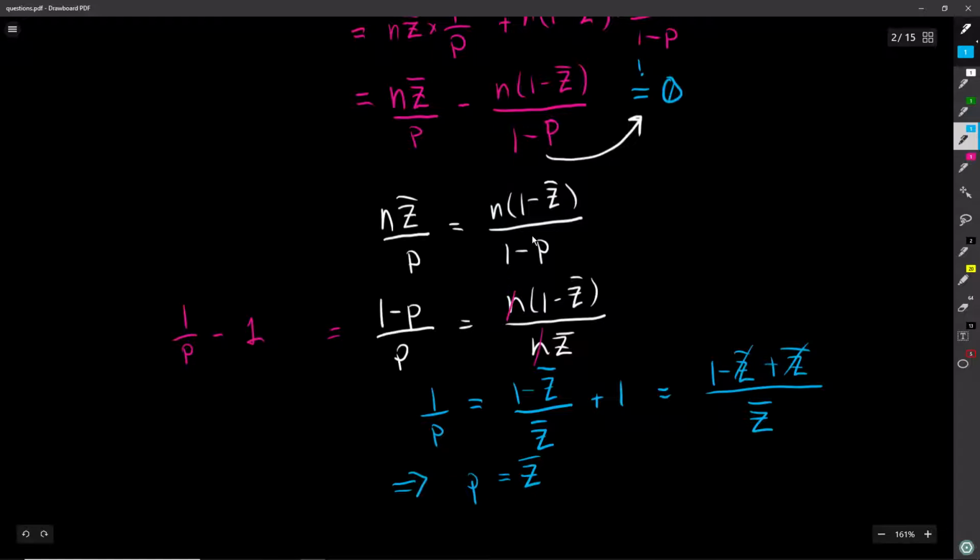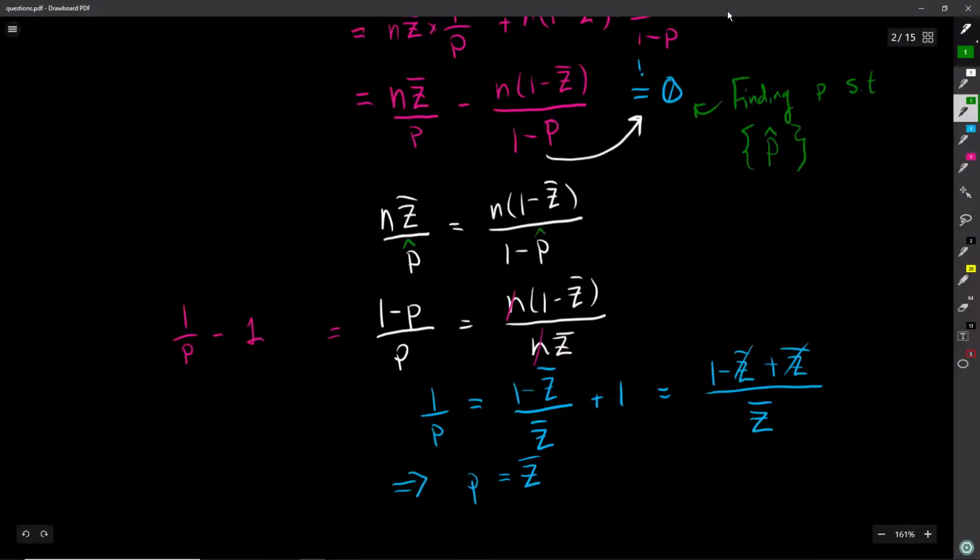Now, I could have been a little bit more careful with my notation here, and so I'll go back through and show you what I mean. As soon as we set this equal to 0, really what we're doing is we're finding the value of p such that this expression is true, and we tend to call that value of p p hat. Okay? So I should have been a little bit more careful and used p hat throughout this math here, so I'll just come and fill that in now.